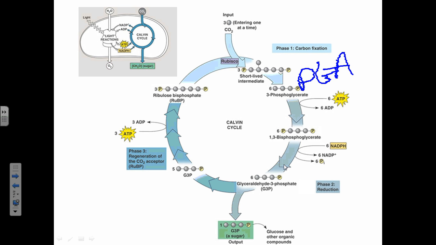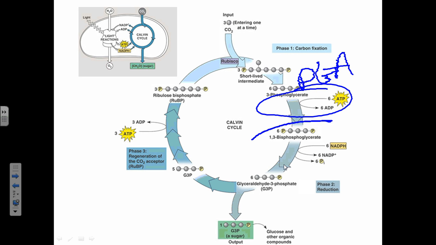So what's one word we could use to describe what's happening to phosphoglycerate right in this part, right in here? Phosphorylated. It's getting phosphorylated. And we know what the enzymes that do that are called? Kinases. So there are some kinases that are taking phosphate from ATP, transferring it to PGA, charging it up with energy.